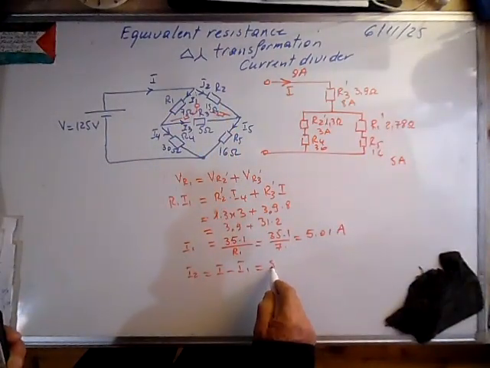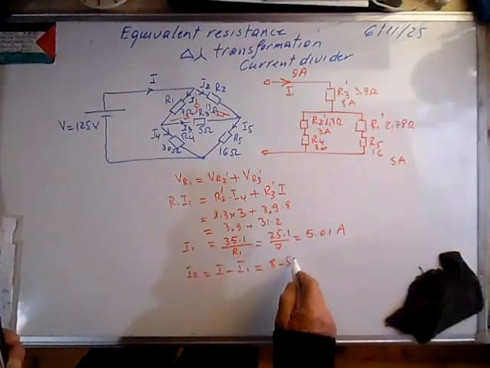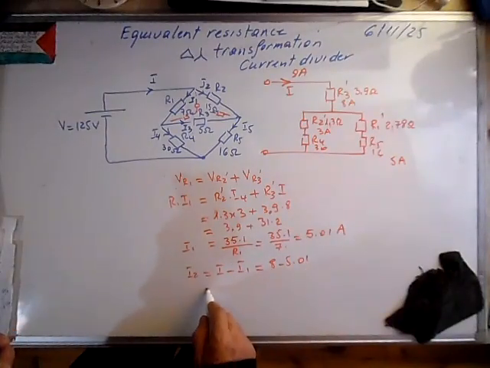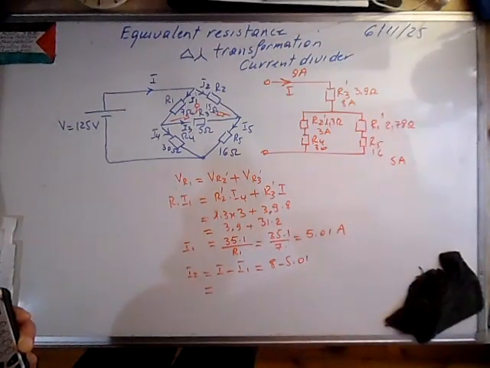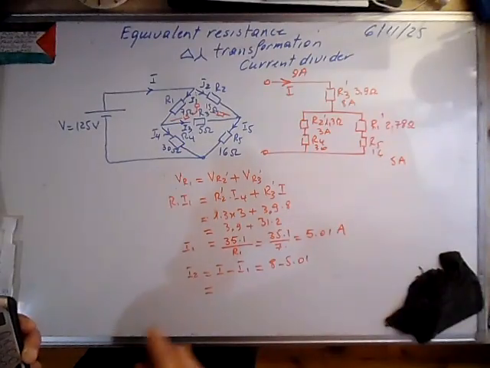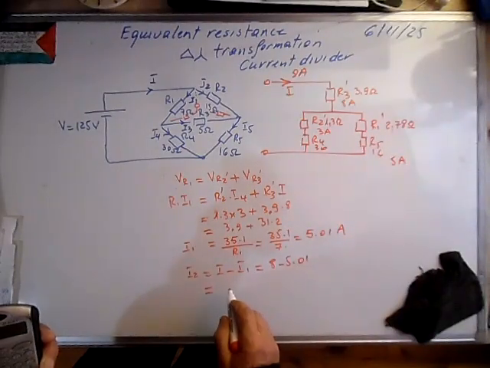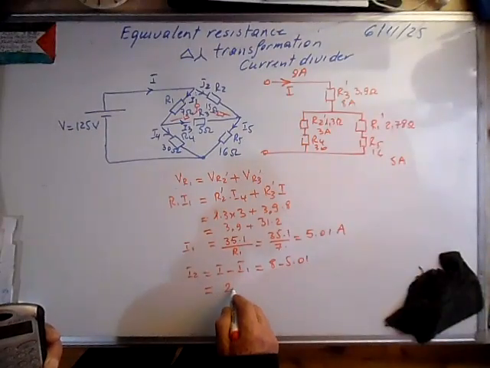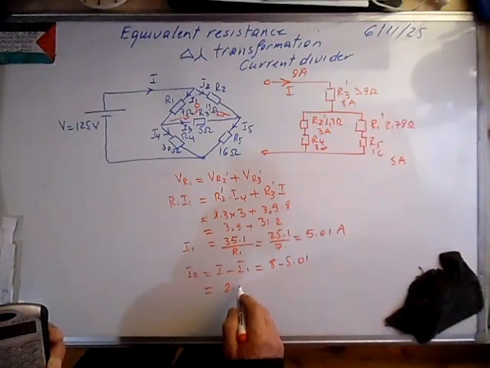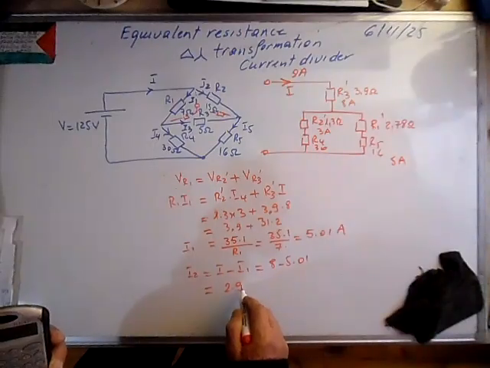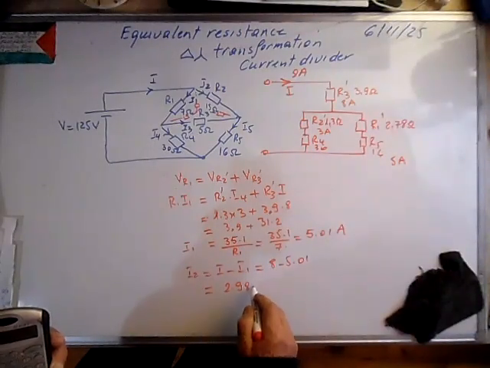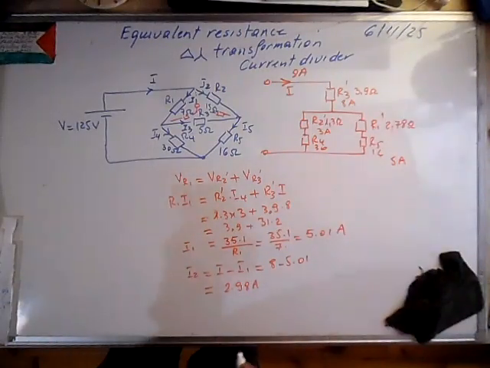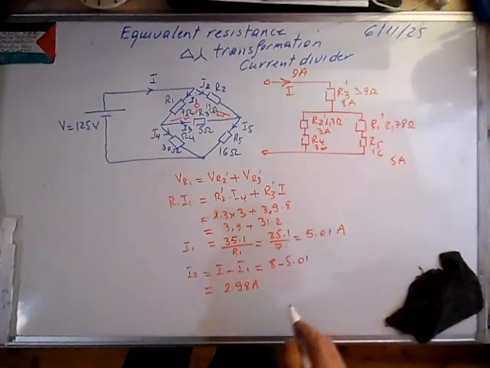So it's 8 minus 5.01. I2 is about 3, or 2.98 amps.